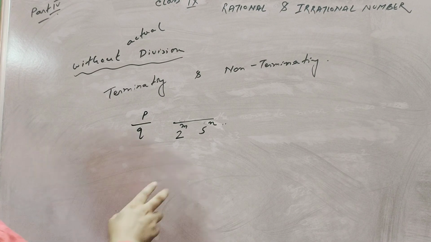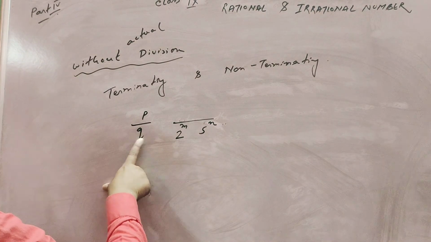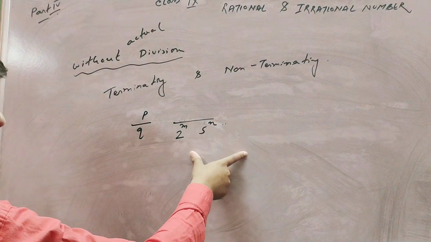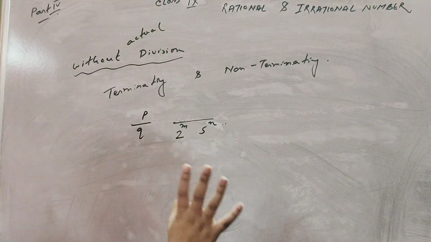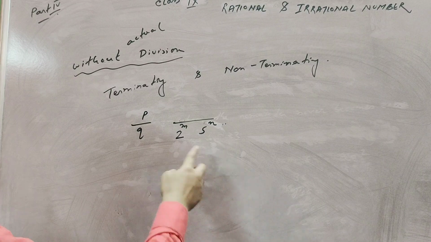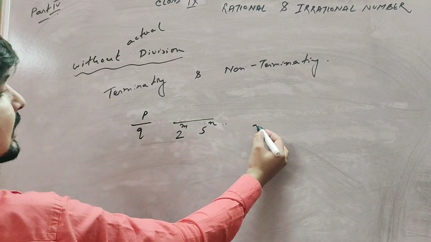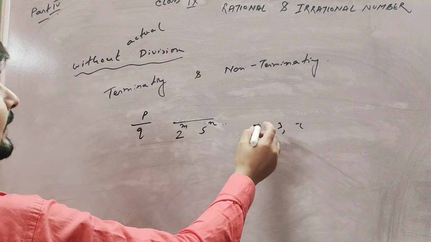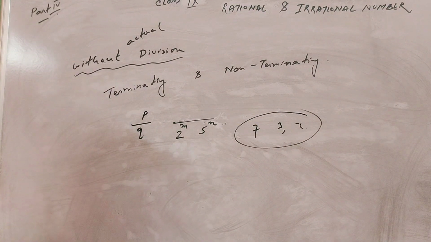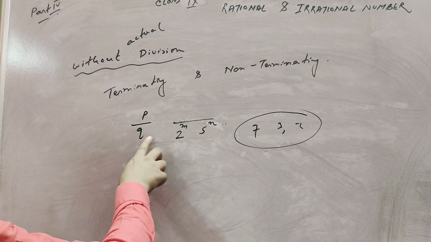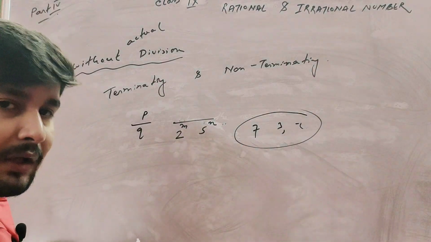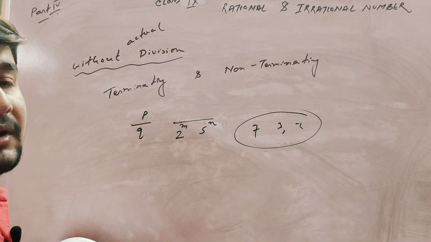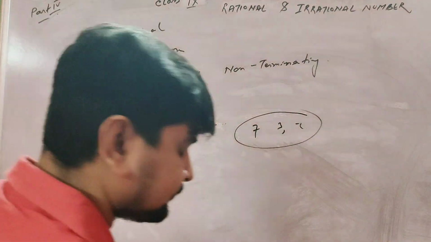Again I repeat, if the denominator factor comes 2 and 5, then this is your terminating decimal. If any other factor comes, that is 7, 3, any other factor, then this is not terminating. Clear? If any other factor comes, whatever, that is non-terminating. Done.